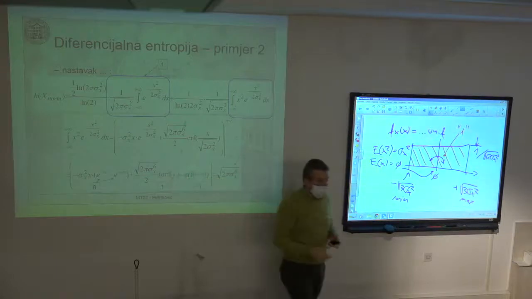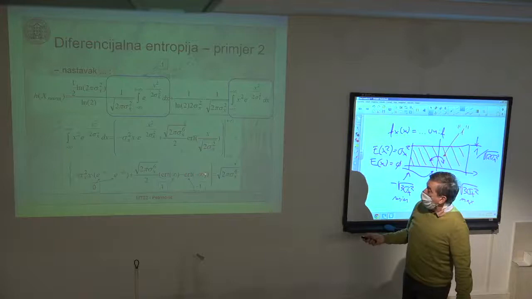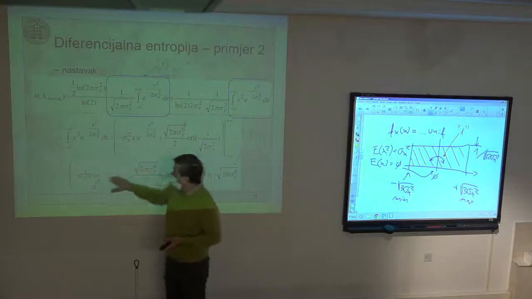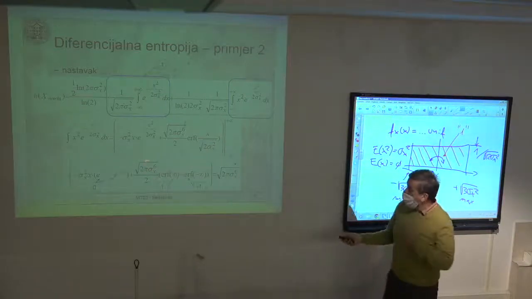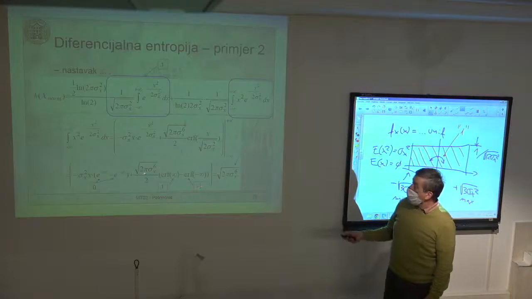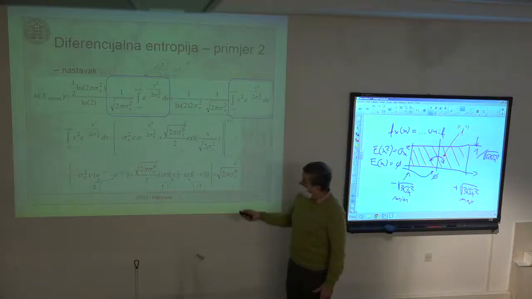The error function of plus infinity is equal to 1, while the error function of minus infinity is equal to minus 1. So the first term cancels on the upper and lower bound, and it vanishes. While the second term has this 1 minus minus 1, which is 2. Then this 2 and 2 cancel, and I get only this as a result.